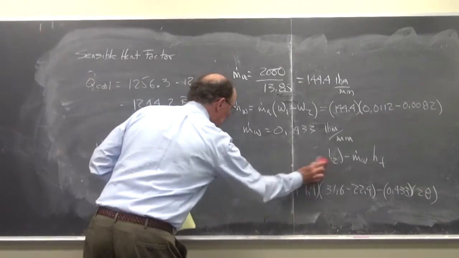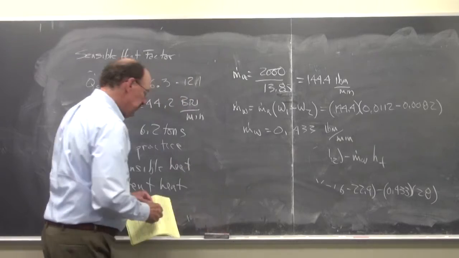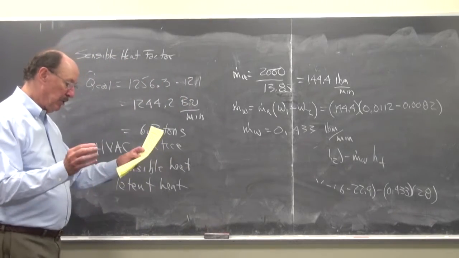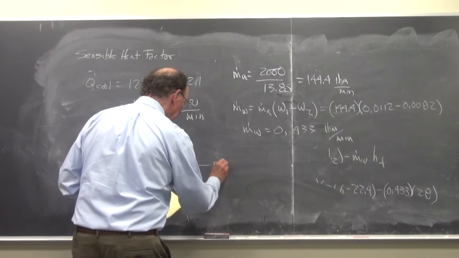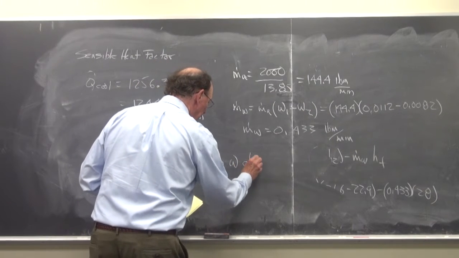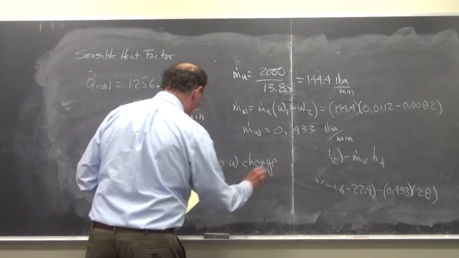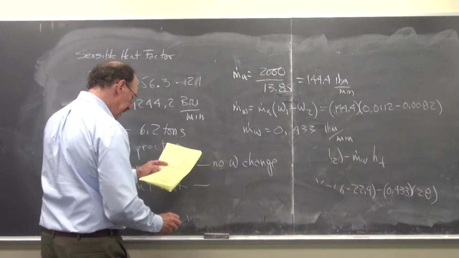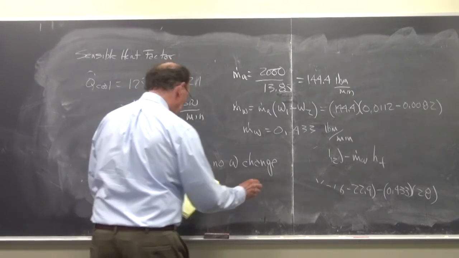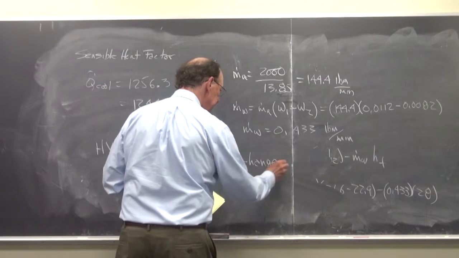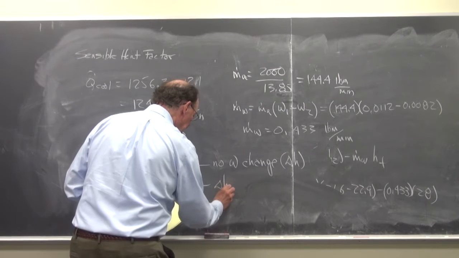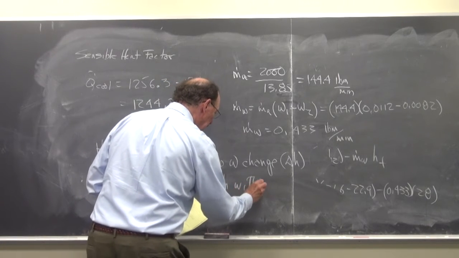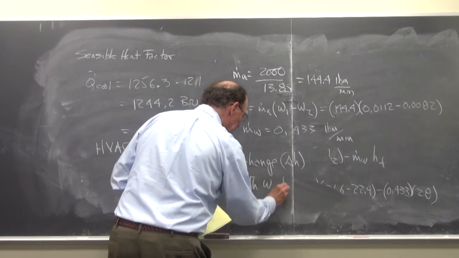The sensible heat change occurs without a change in omega. And obviously the latent heat change, and so this is your delta H. And here we have delta H with omega change.